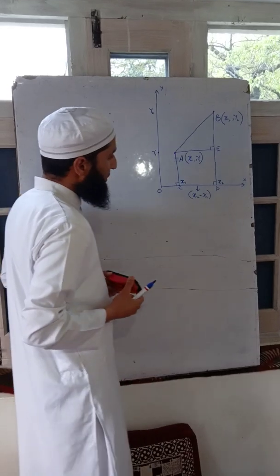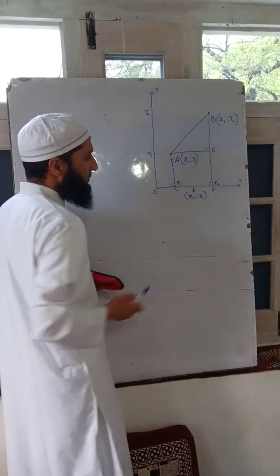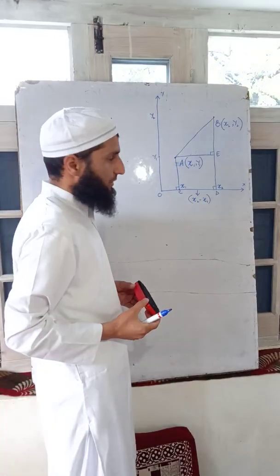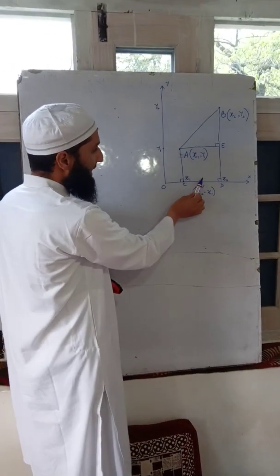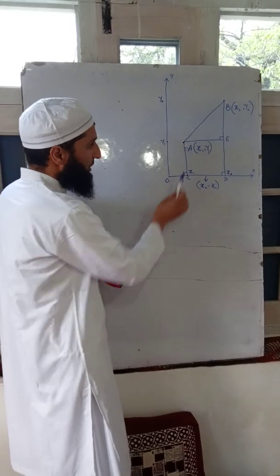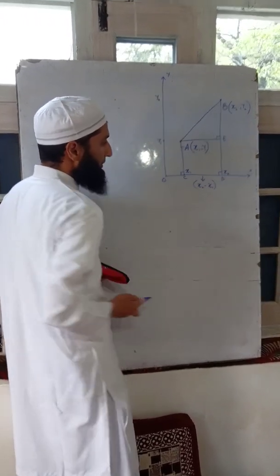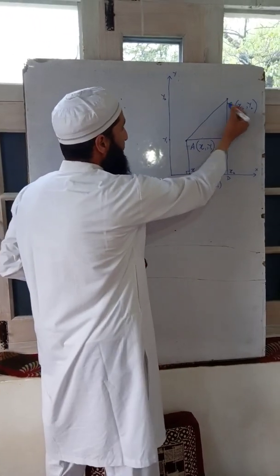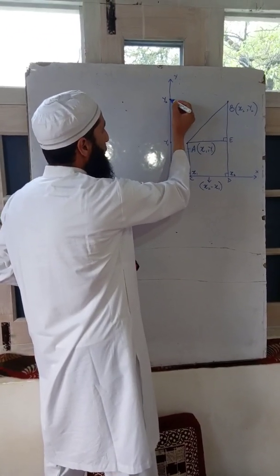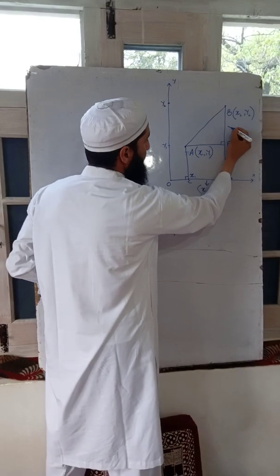We don't need to prove that here. You can check it in the figure how it forms a rectangle. Now we know that opposite sides of a rectangle are equal, therefore AE equal to CD. Also EB equal to y2 minus y1.